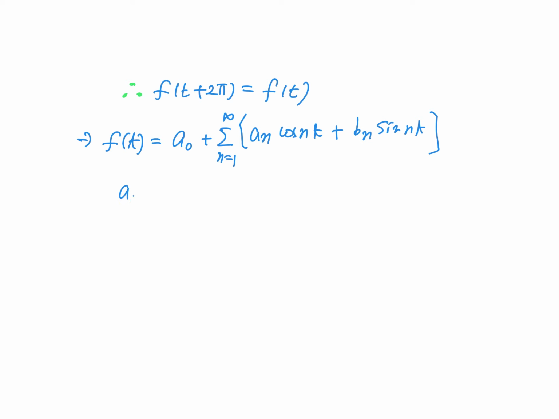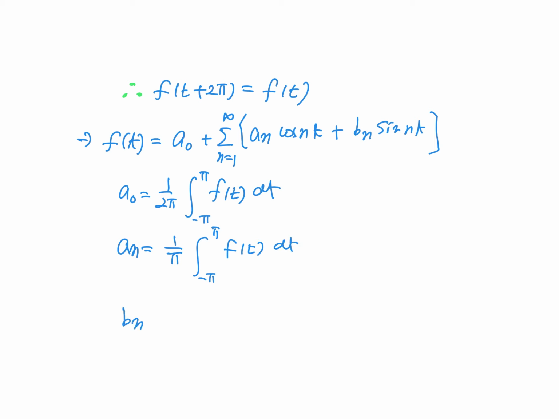And a0 is 1 over 2 pi times the integral of f(t), a_n is 1 over pi times the integral of f(t) cosine nt dt, and b_n is 1 over pi times the integral of f(t) sine nt dt.